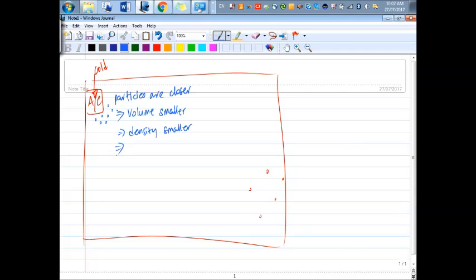Okay, now what happens if the density is smaller, Kasha? Wait. Density? No. Density is greater. Smaller volume means the density is greater. So what happens if the density is greater?